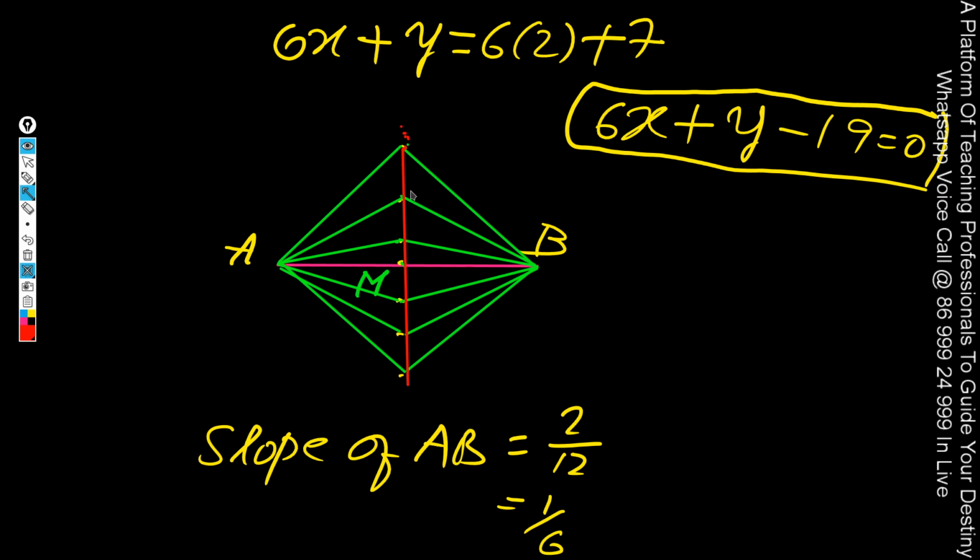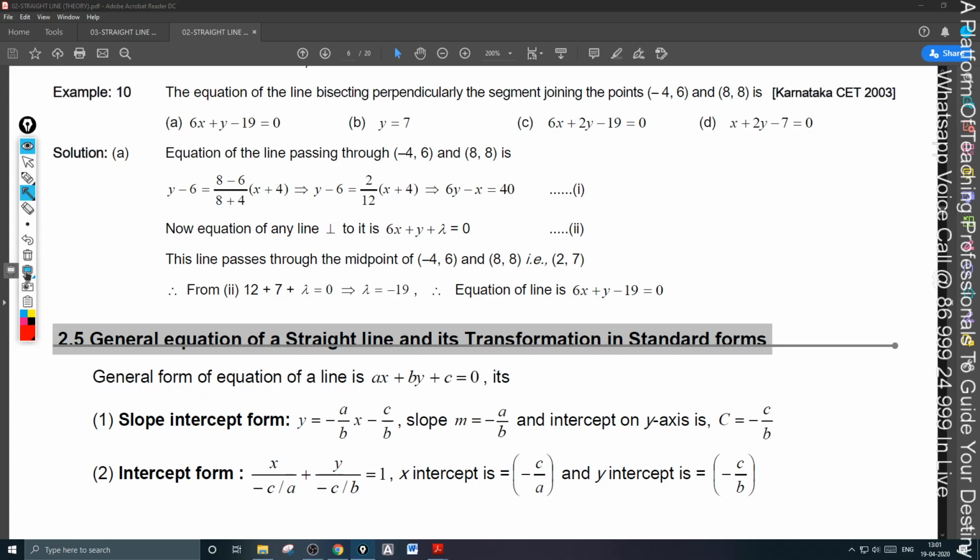So every point on the perpendicular bisector is equidistant from the given points or the extremities of the line segment for which we are finding the perpendicular bisector. I extended the question like that. These are the points to be discussed. Okay. Now, let us move on to the next question.